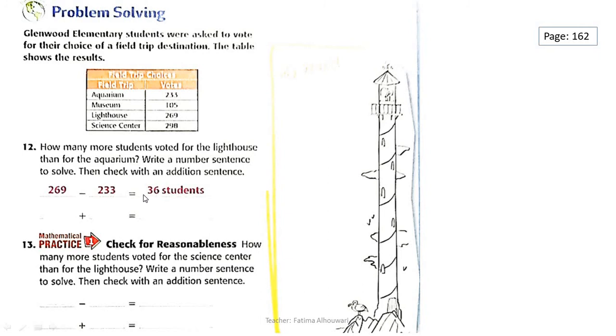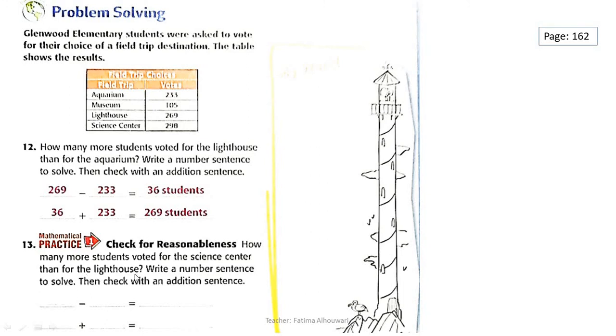And how can we check, grade 3? By adding these two numbers. So 36 plus 233 equal 269 students. Excellent.